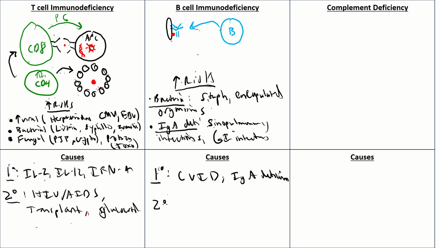Secondary, you will see a good amount of causes of this. One of the things that you get tested on the most relates back to the pathophysiology. B cells have that CD20 receptor on their surface, and CD20 receptor antagonists or antibodies, things like rituximab, will put you at risk for infection secondary to humoral immunodeficiency.